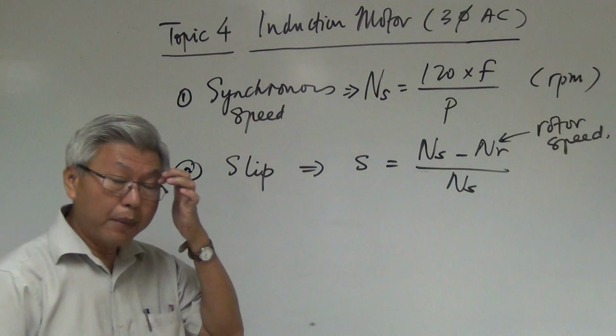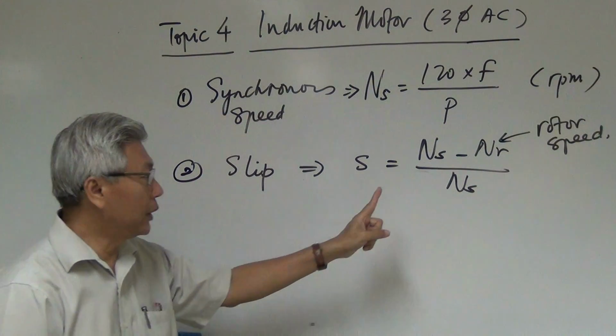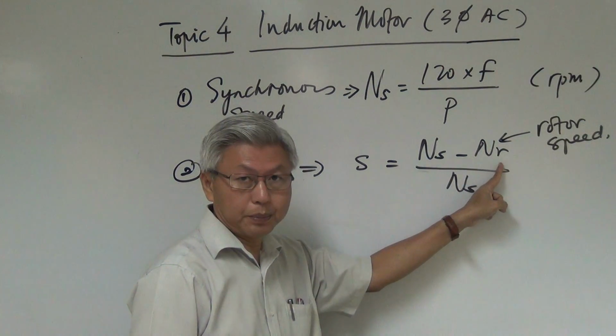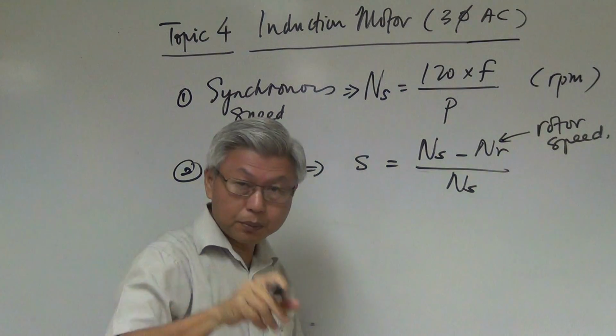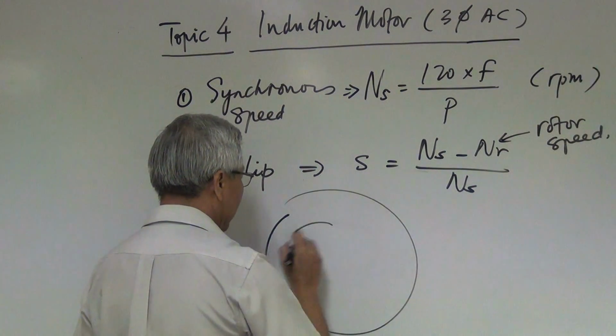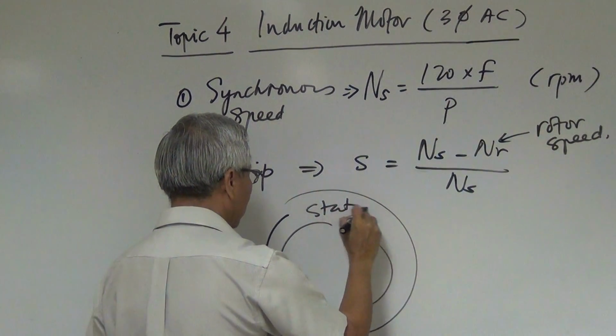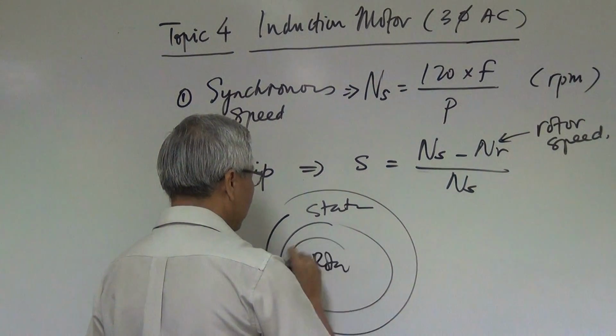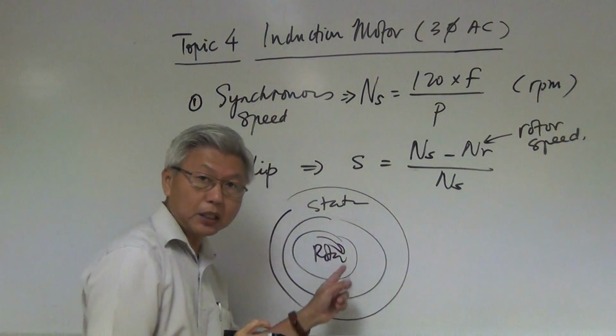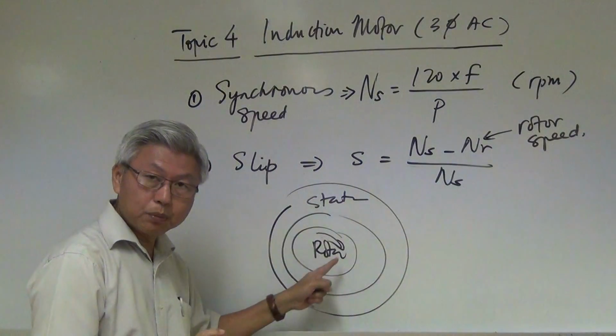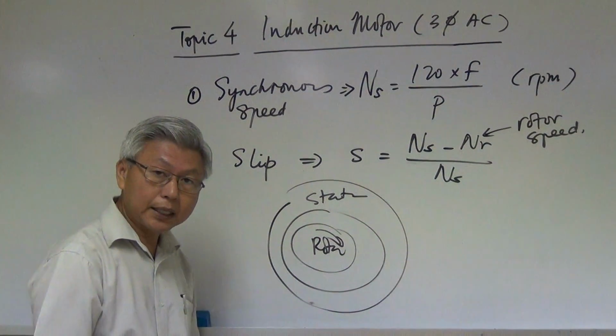So slip is the measurement of the difference between the synchronous speed and the rotor speed. Now rotor speed is the actual speed of the motor. Right? Remember I said this is the stator that is not moving, and rotor is the one that is moving. So the rotor speed is the actual speed that human eyes can see.